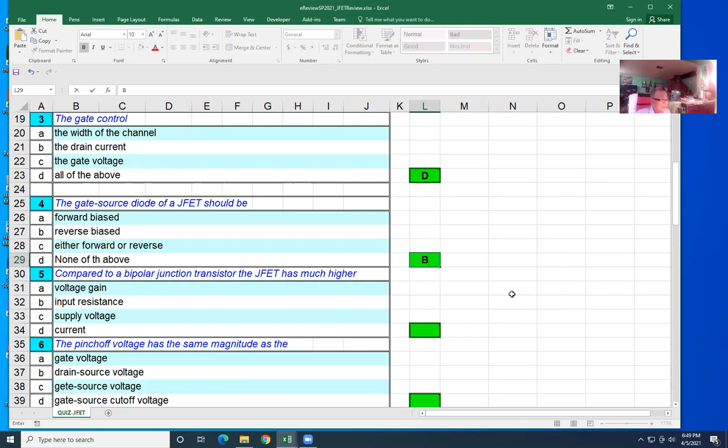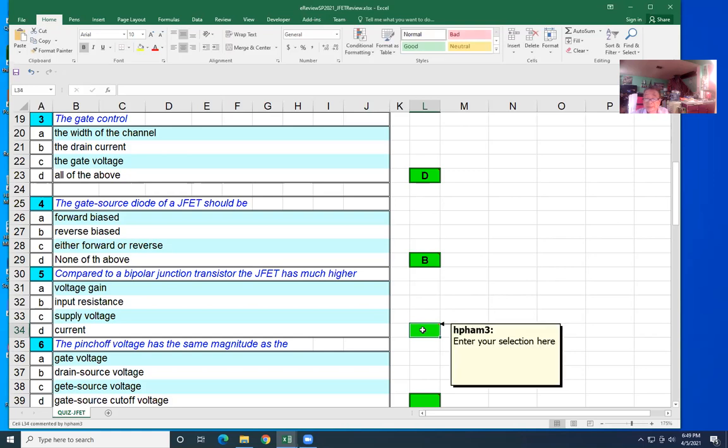They have to be reverse biased if you're reading the handout. Number 5, compared to a bipolar junction transistor, a JFET has much higher input resistance. Right, B.